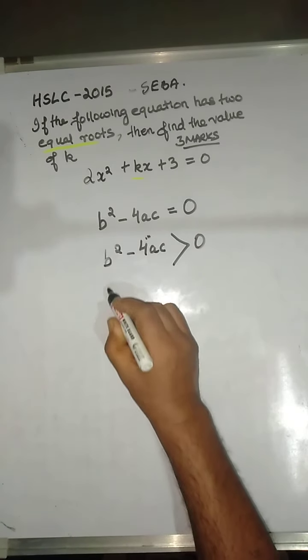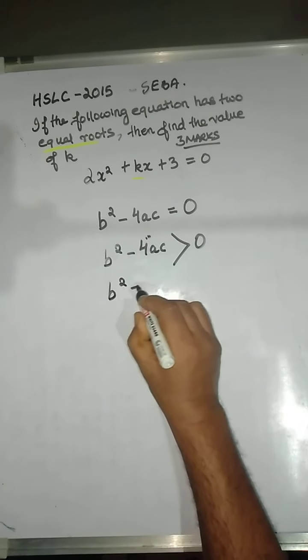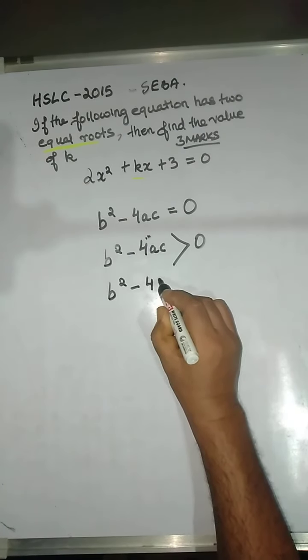And the third nature is that if the discriminant b squared minus 4ac is less than 0, it means the number that comes out will be a negative number. So if it is a negative number, then the equation will have no roots at all.